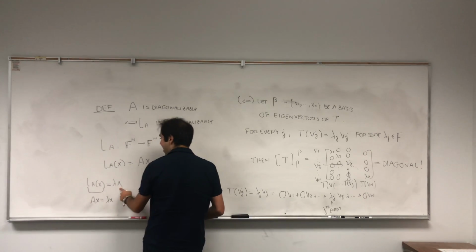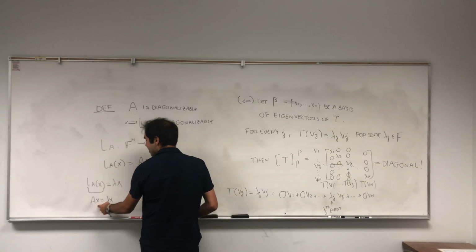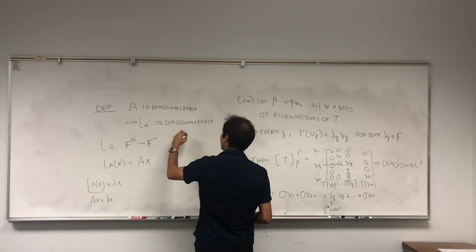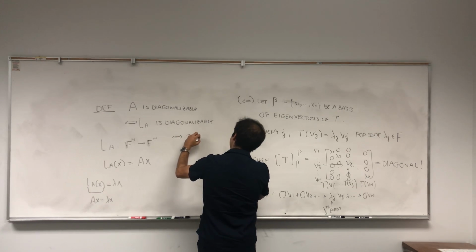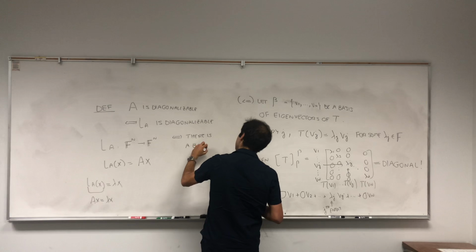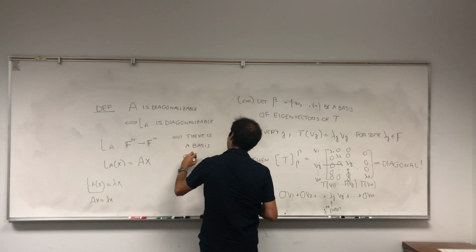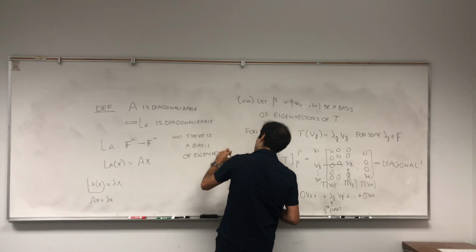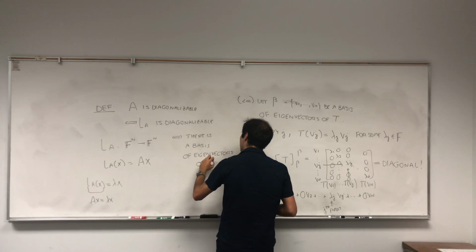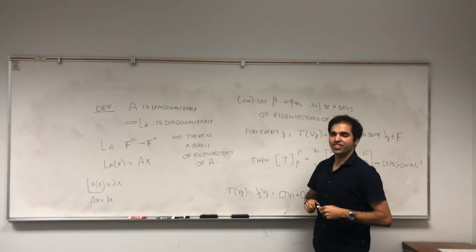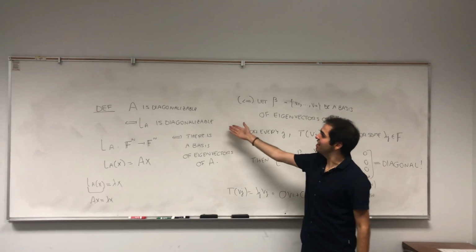So if x is an eigenvector of LA, then x is an eigenvector of A. So A is diagonalizable if and only if there is a basis of eigenvectors of A, which is a much more useful characterization than just saying LA is diagonalizable.